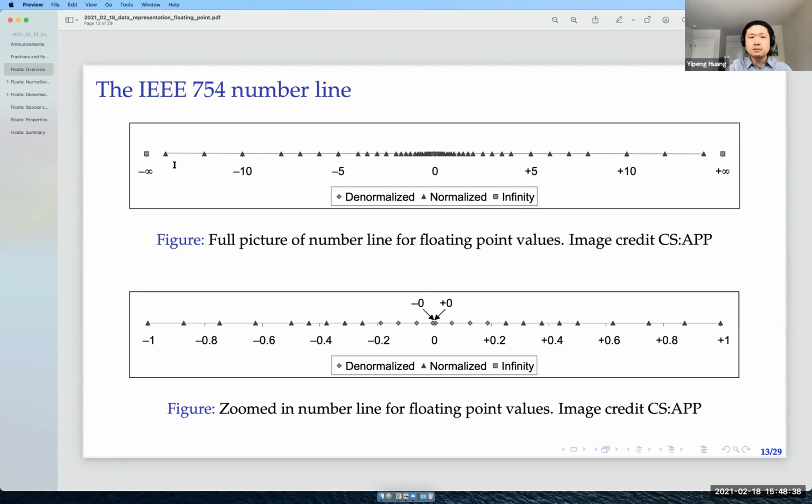So there are many numbers that have no exact mapping into the floating point format. The key thing here is floats do not exactly translate to representing real numbers. The IEEE 754 floating point number line is not the real number line. Okay, so we'll come to appreciate that as we get through this lecture today.